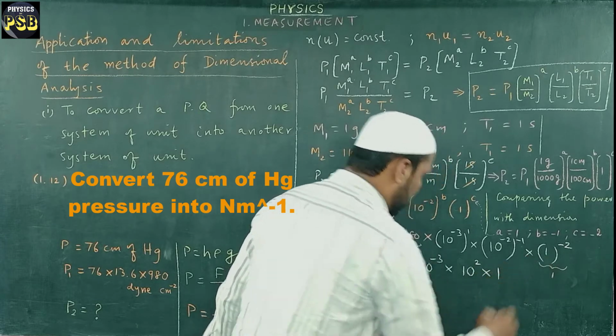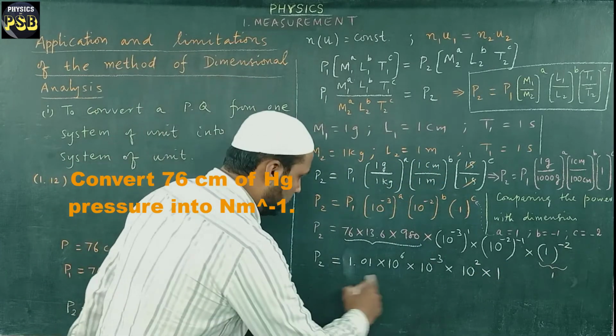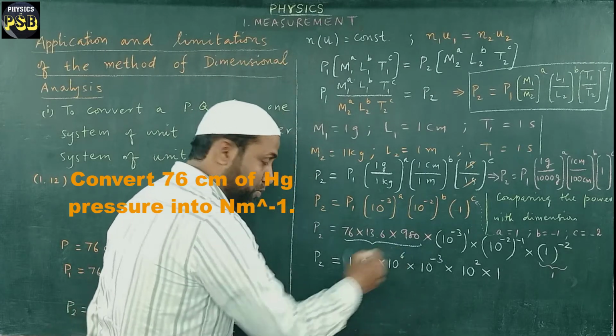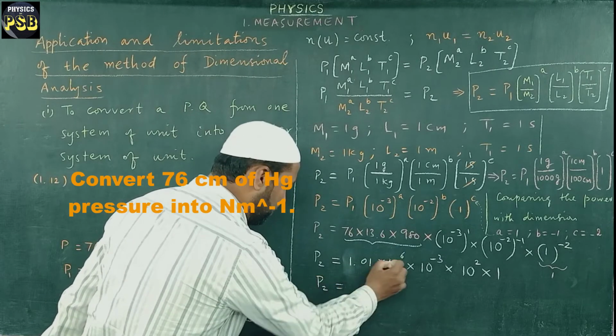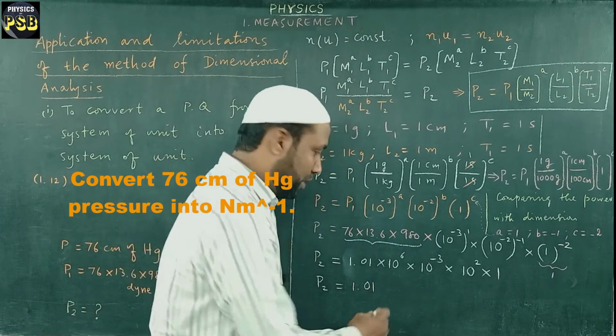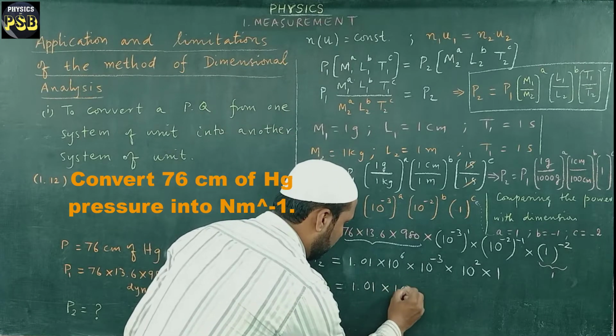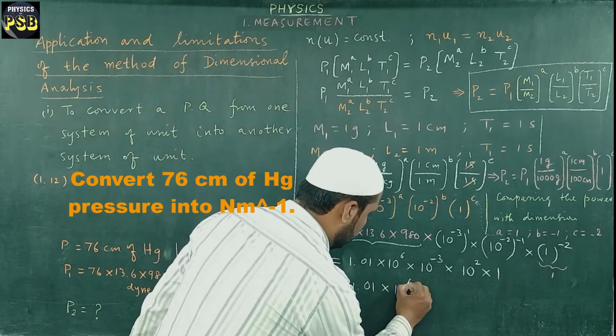Then this part is 1. So what value do we get here? Look at this part carefully. You see how I'm going to multiply tens with some power, 10 power 6.